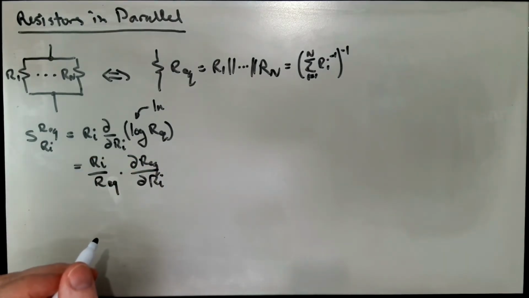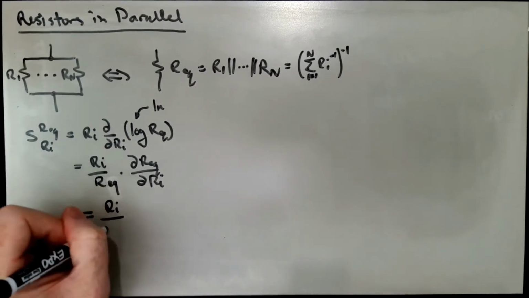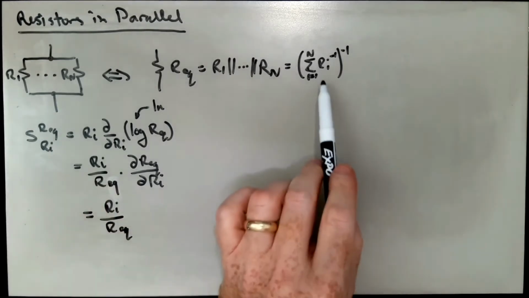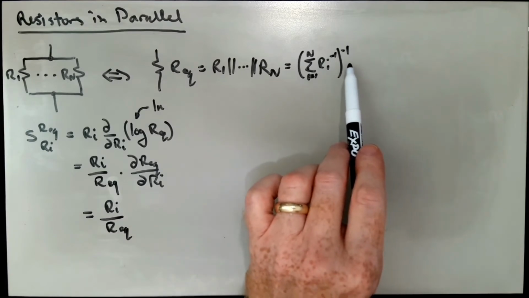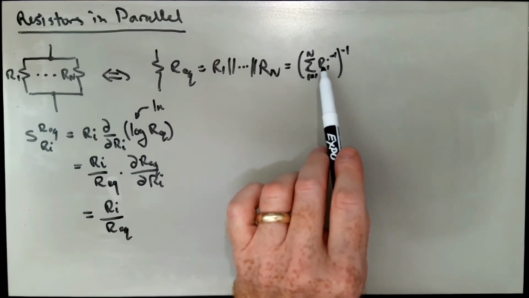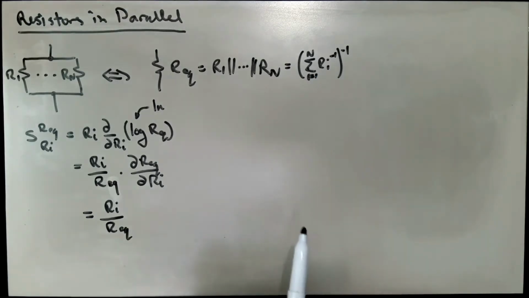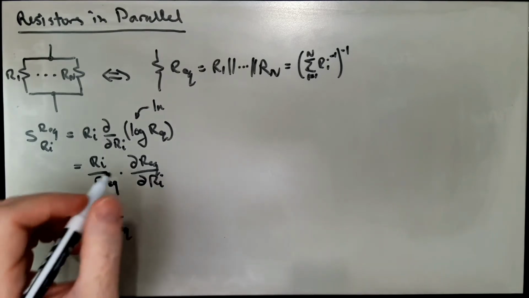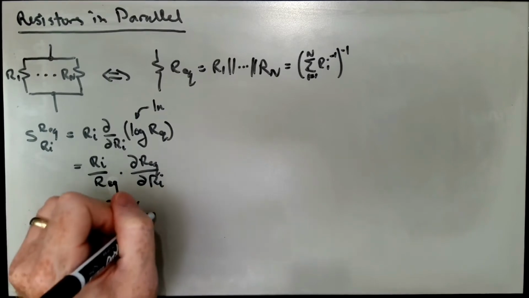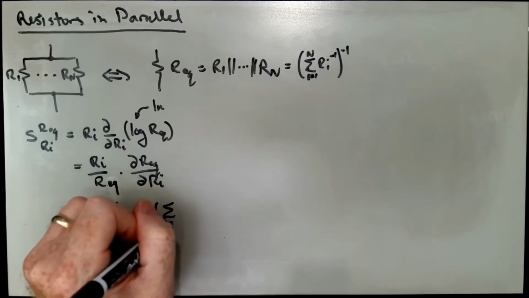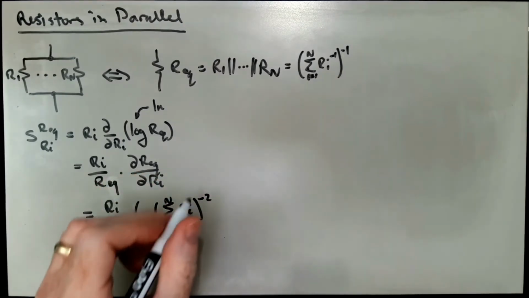And so we can write this as Ri over Req, and we're going to use this expression here for Req, and so when we differentiate that with respect to Ri, we have this whole thing raised to the minus 1, so that we have a minus 1 coming out front, and then we decrease the power by 1 to minus 2, and so this is equal to minus the sum i equals 1 to n of Ri to the minus 1, all to the minus 2.